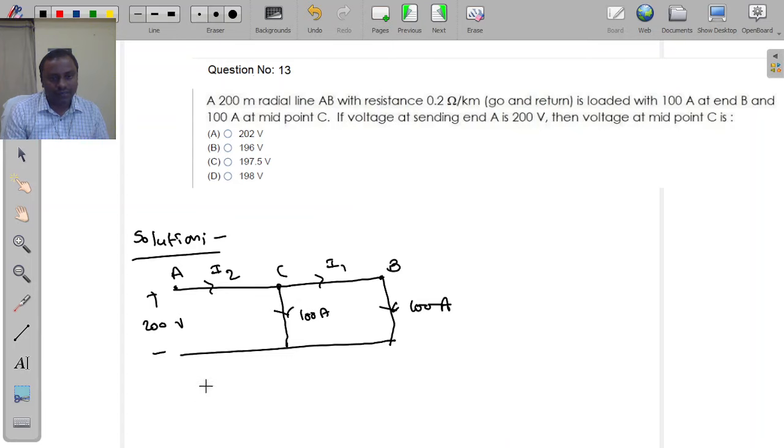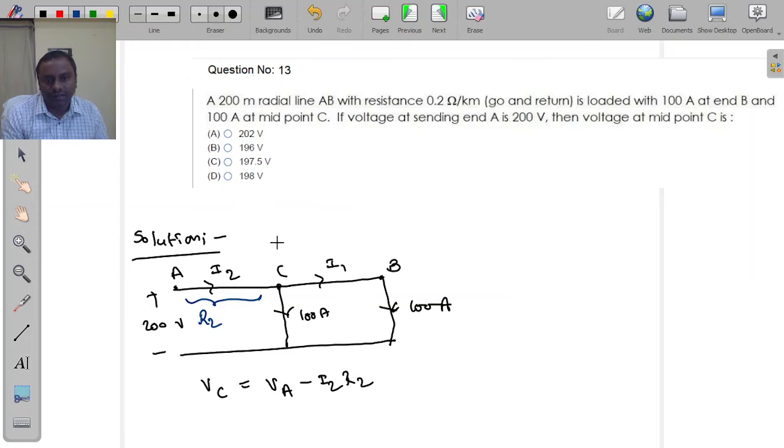I need the voltage at midpoint VC. Can I say the voltage at midpoint VC is VA minus I2 into R2? This section has the resistance, go and return, R2.